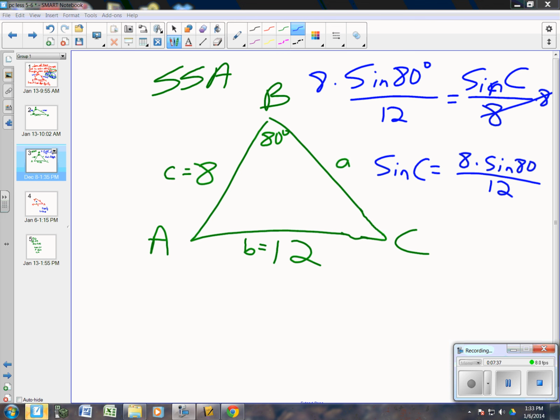Not divide by sine. Someone said it. Inverse. I'm going to take the sine inverse of both sides. So I get C equals, wow, C equals the sine inverse of 8 times the sine of 80 all over 12.